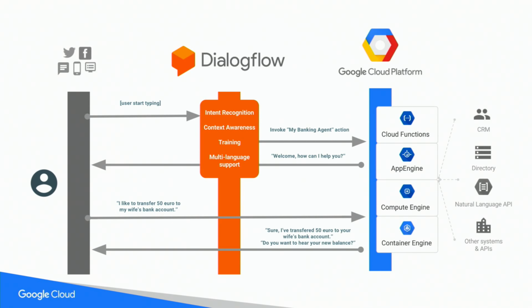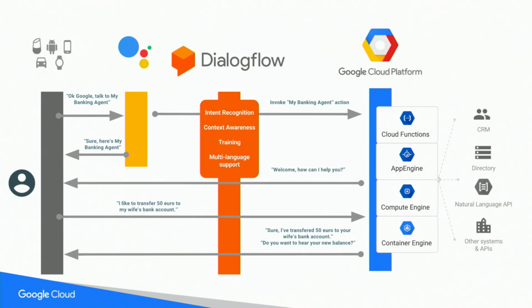If you want to create such a flow for a conversation agent, such as Google Home, the flow is almost the same. There's just one extra step in front of it, where you talk to the Google Assistant first and you invoke your custom agent. So I would say, okay Google, talk to my banking agent. And then you hear the voice change.